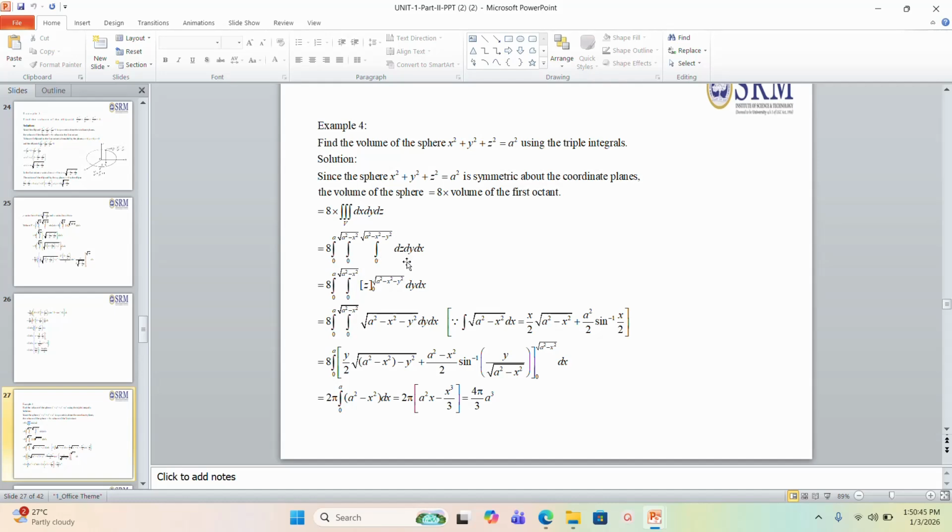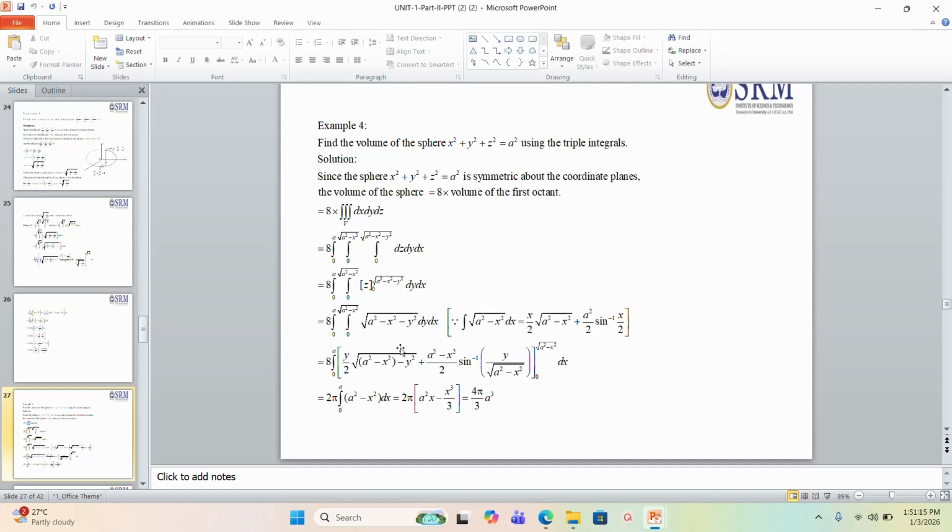Now, as per the property of integration, if the upper limit is in x and y, integrate with respect to z. So integral dz equal to z. Close the limit from z equal to 0 to root of a square minus x square minus y square. So now upper limit minus z equal to 0, so we have the entire answer here.